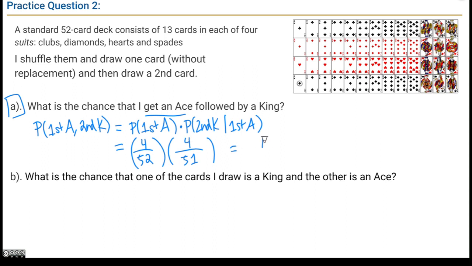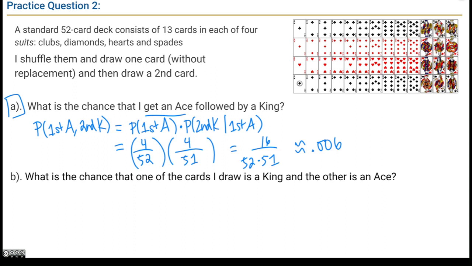And so this is going to give me 16 out of 52 times 51. Let's actually see roughly what that is just to get an estimate. So that's 4 out of 663, and approximately 0.006.